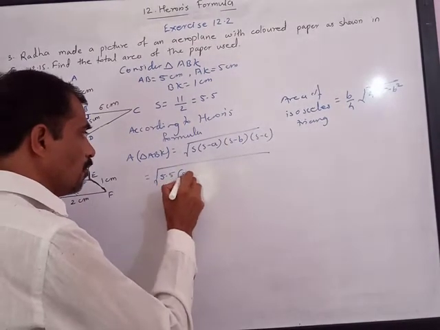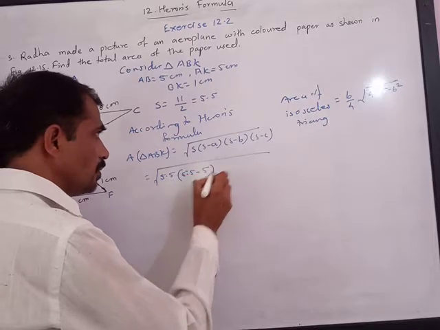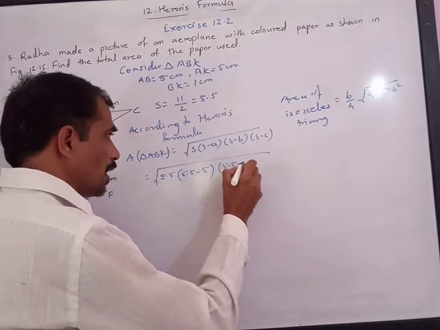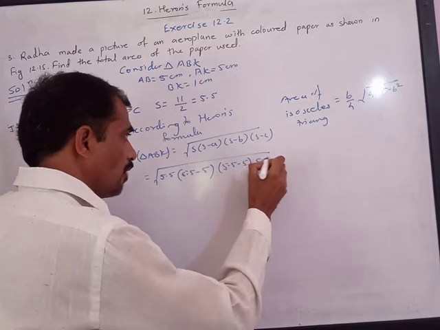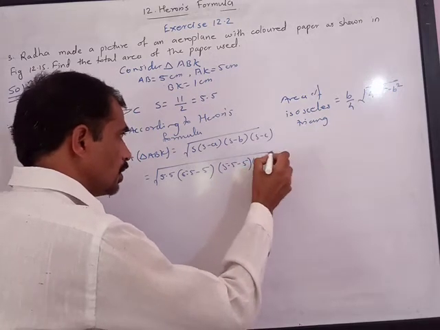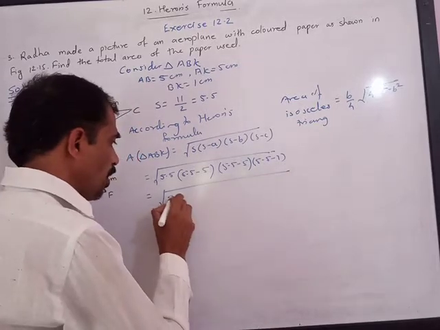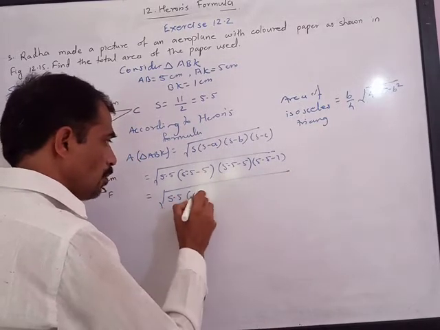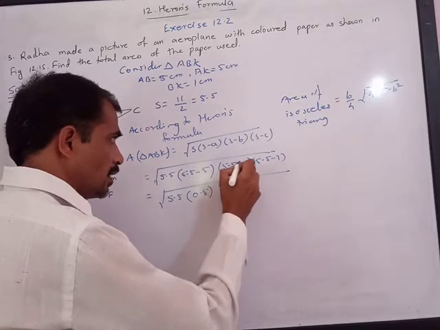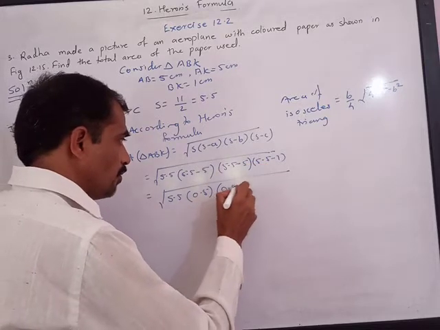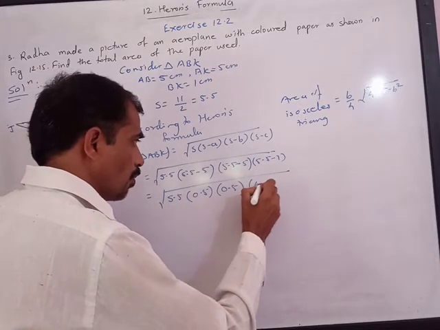So this will be 5.5 minus 5, next 5.5 minus 5 and 5.5 minus 1. It means this is equal to under root 5.5, this is 0.5, next subtraction is again 0.5 and the last subtraction is 4.5.